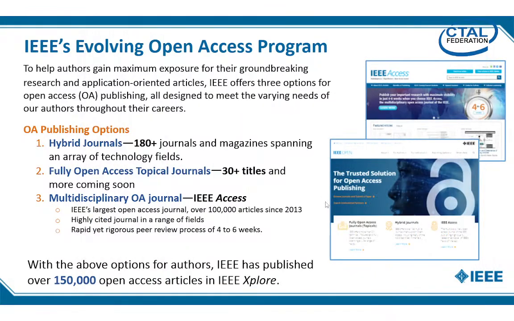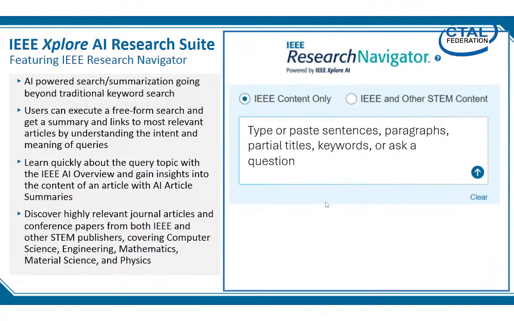So if I can bring you to the AI functions here, let me come back to the screen. In the search box, there are searching options. On the right-hand side, there are two options. One is IEEE content only.